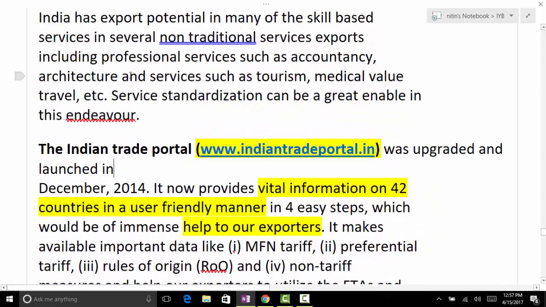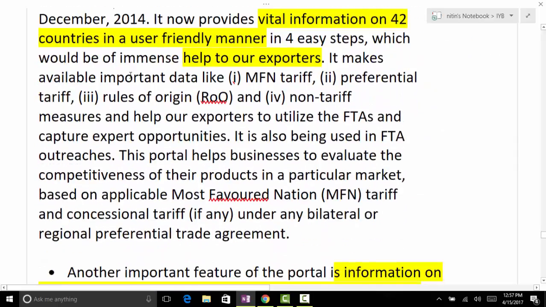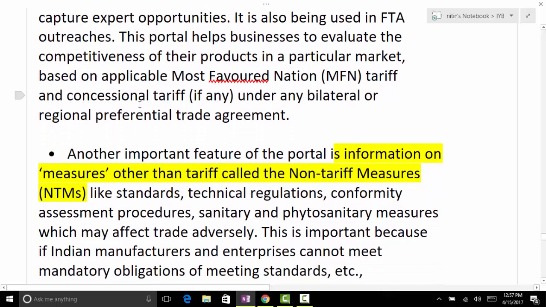So what is this? Indian Trade Portal.in. So what are the various e-commerce initiatives we have seen? Online applications, online documentation, the DGFT application, then this one, Indian Trade Portal.in.